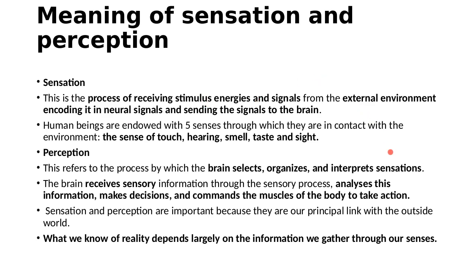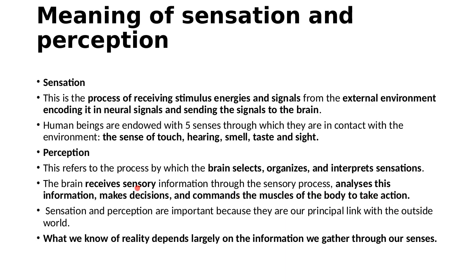Human beings are endowed with 5 senses through which they are in contact with the environment. We communicate with the environment through the sense of touch, hearing, smell, taste, and sight. Perception refers to the process by which the brain selects, organizes, and interprets sensation. We also refer to this as analyzing the sensation or the signals.